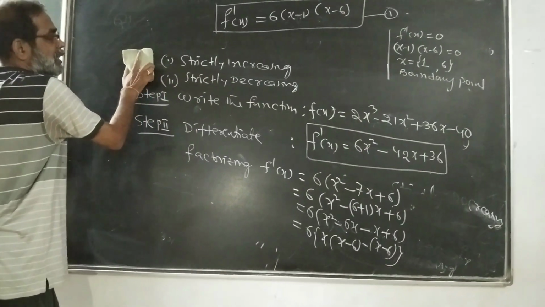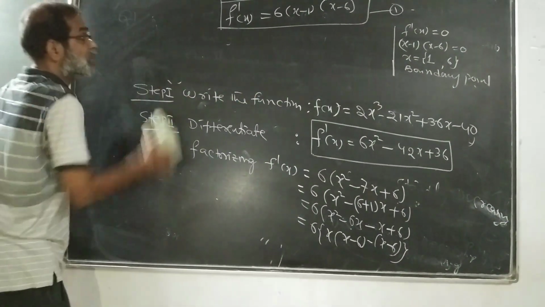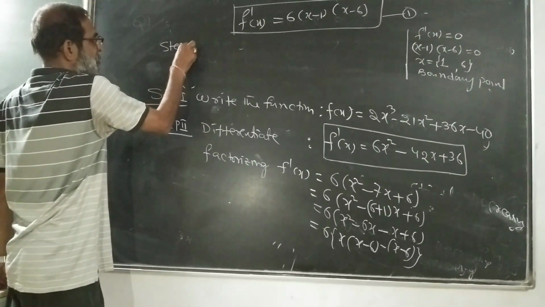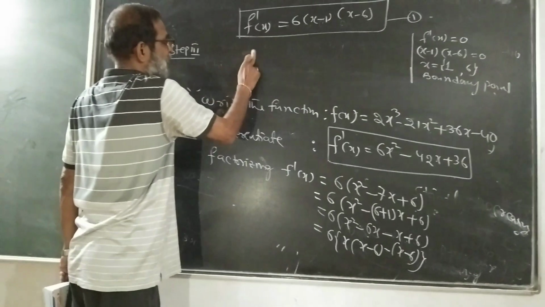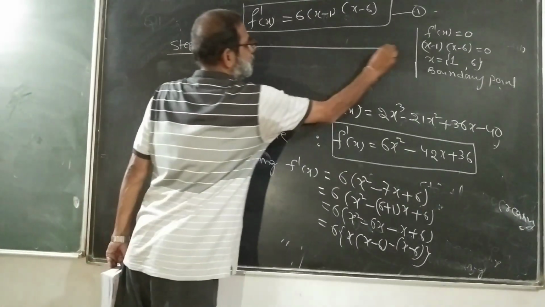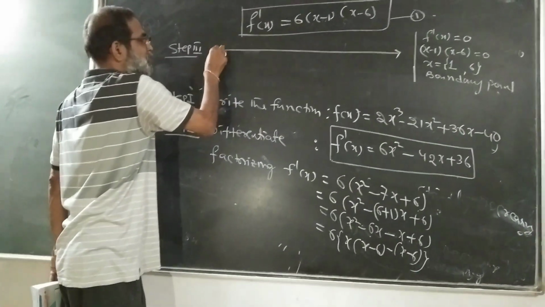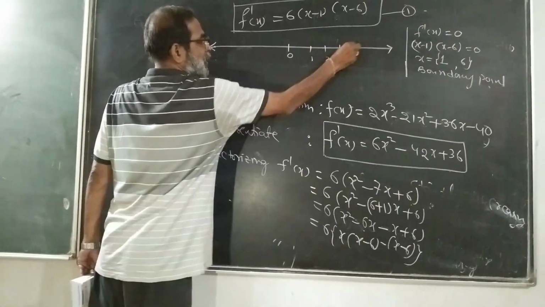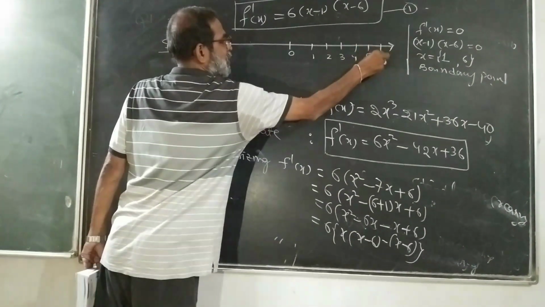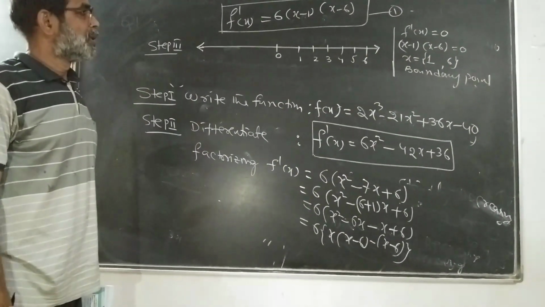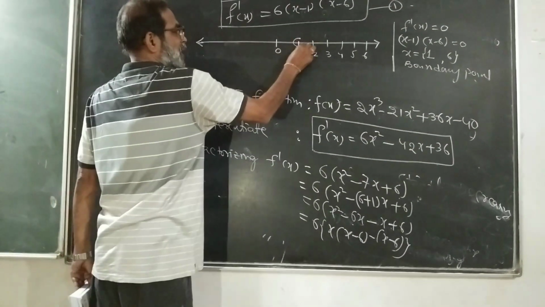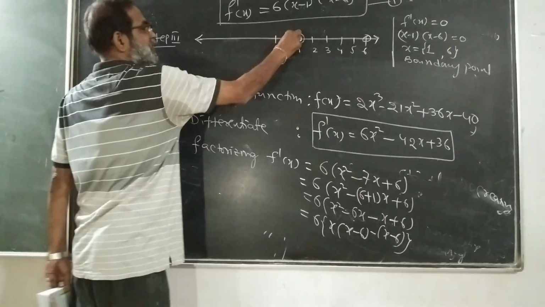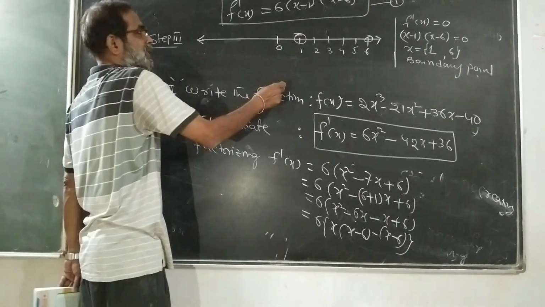How to do this? You see. Step 3 is an important step to know the function. Make a number line, like you did in high school. 0, 1, 2, 3, 4, 5, 6. See, here 2 points have come, 1 and 6. You put some points nearby, don't go further, nearby.